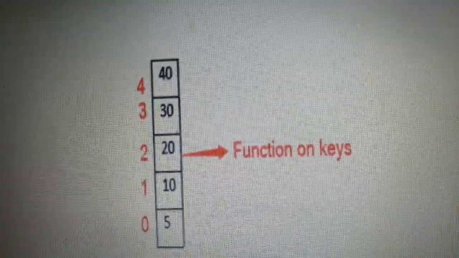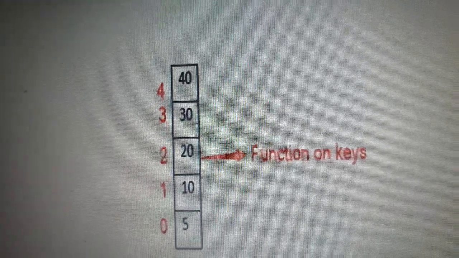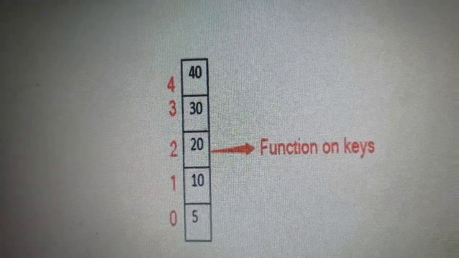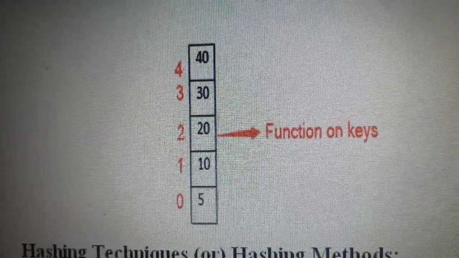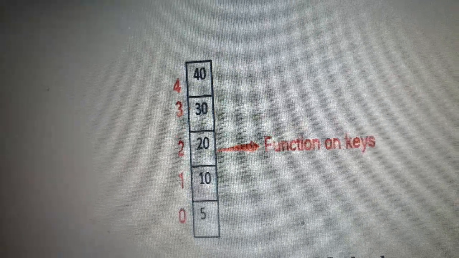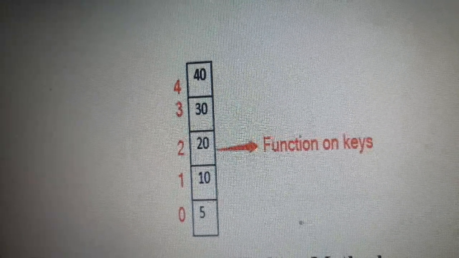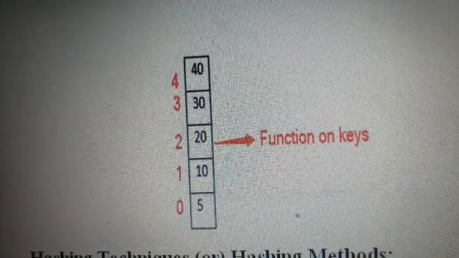Using hash functions we generate an index for the hash table. At that index we store our value, so a hash table is denoted as storing data in the form of key and value.